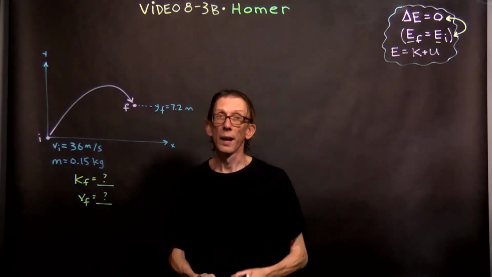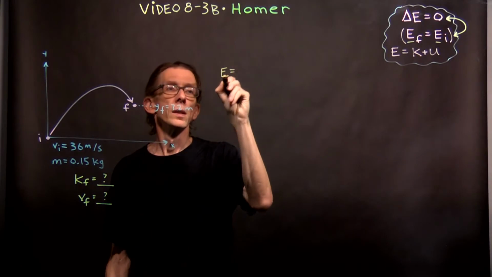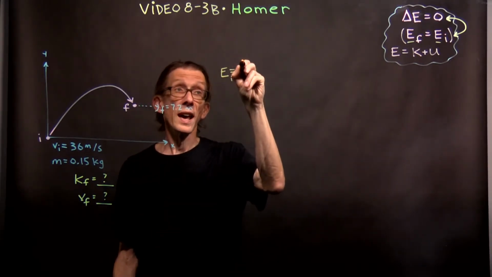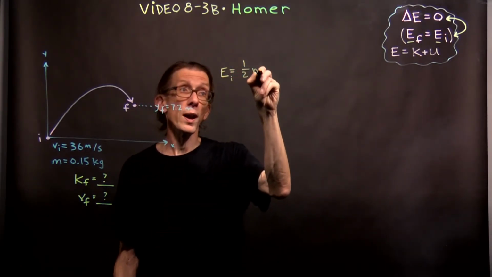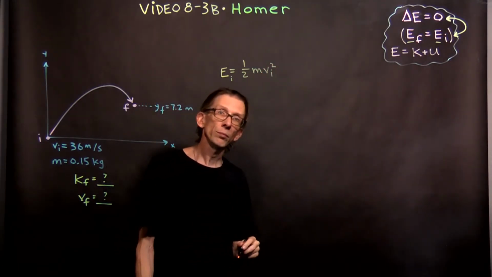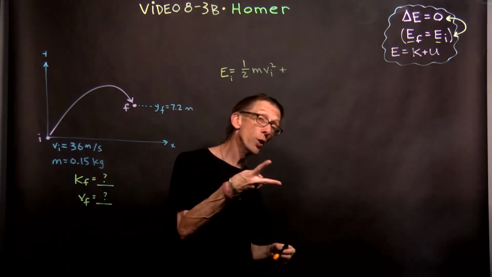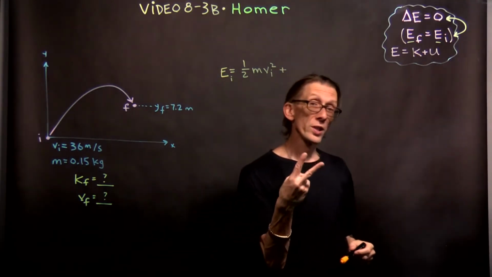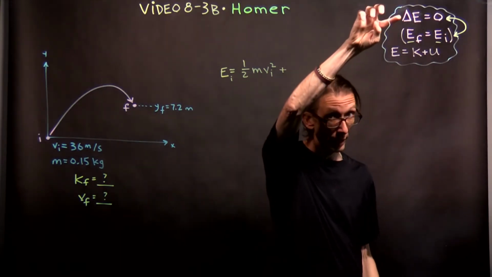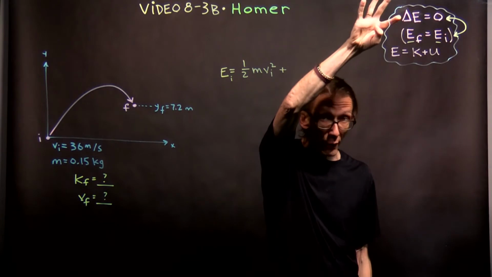So what is the initial energy of the ball? Well, it's kinetic, which is always 1/2 m vi squared, plus potential. Remember, this is true only when conservative forces do work.